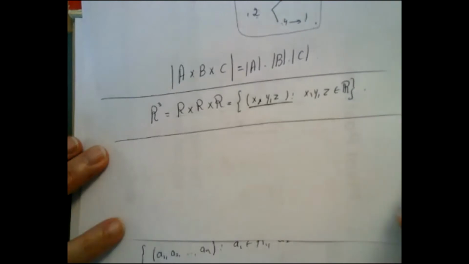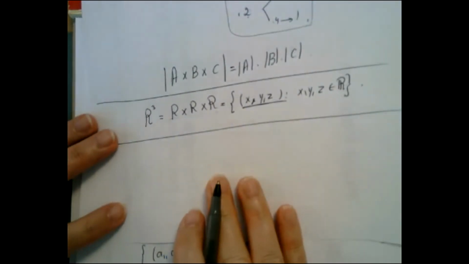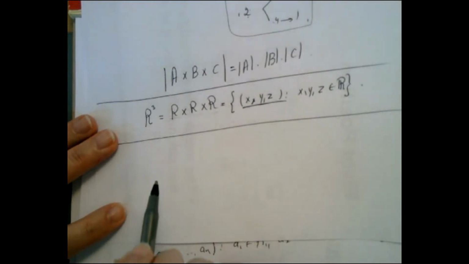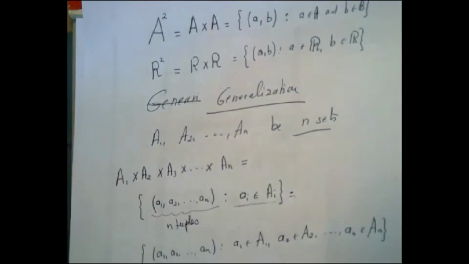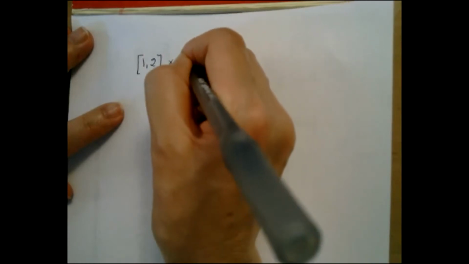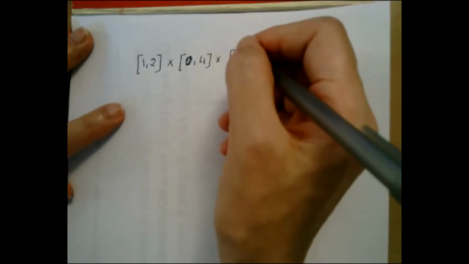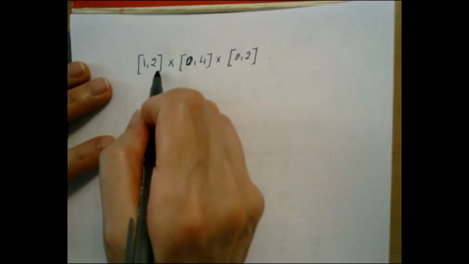We finish today with the following question. Suppose I take the following intervals: [1, 2] cross [0, 4] cross [0, 2]. [1, 2] means all numbers between 1 and 2, then all numbers between 0 and 4, all numbers between 0 and 2.